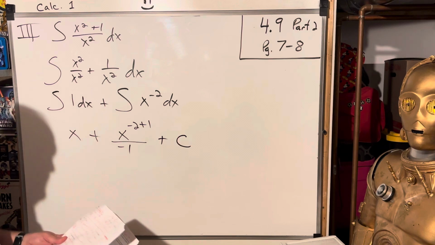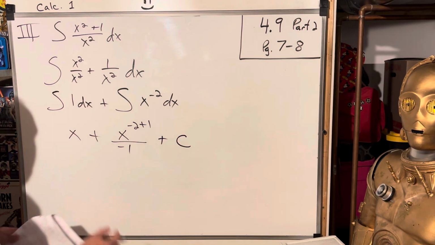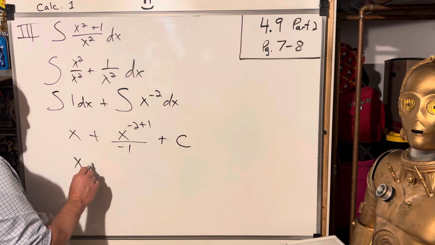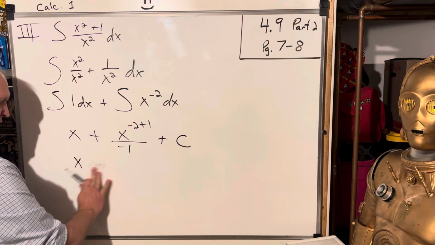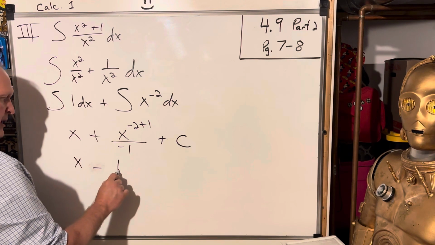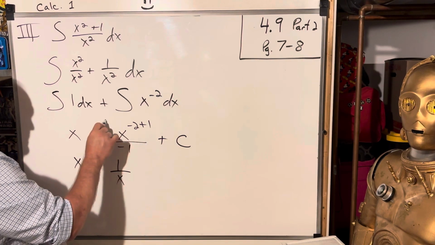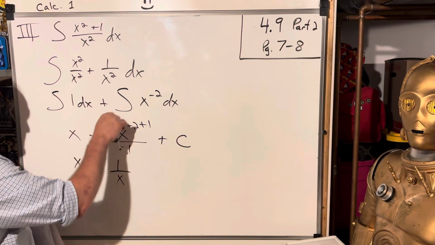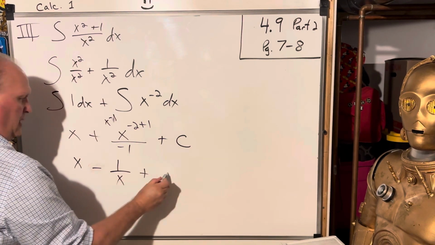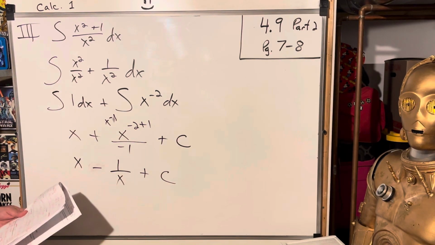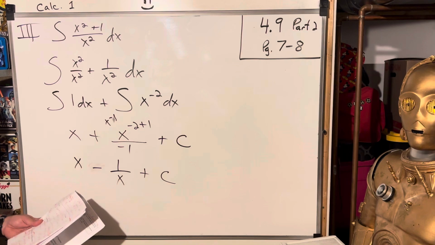All right, and then that's about it, just a little cleanup. x minus 1 over x, because that's x to the negative 1 power, so that just brings it down. The negative 1 power just takes it down. So there's example 3.